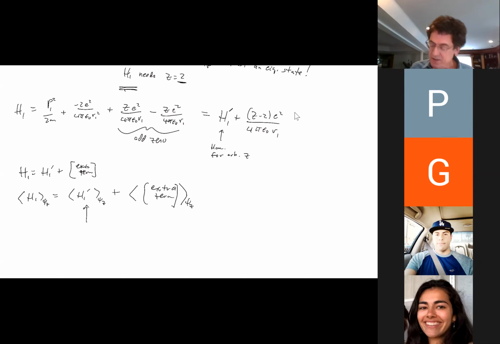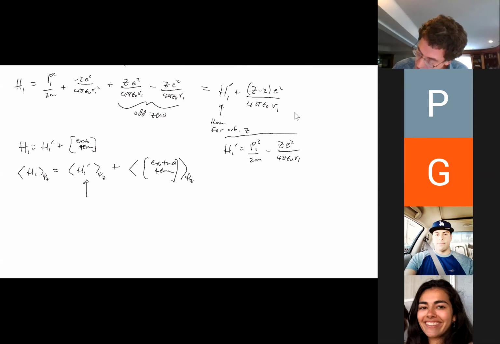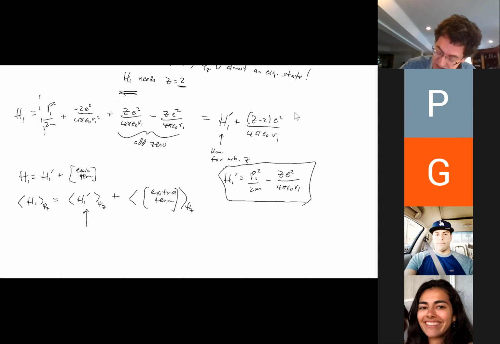And what is the expectation value of H1 prime? Where H1 prime is equal to P1 squared over 2m minus Z e squared over 4 pi epsilon naught R1. That's what H1 prime is. See, this was H1, but this is H1 prime. What is the expectation value for H1 prime?